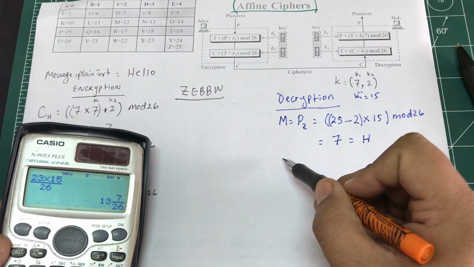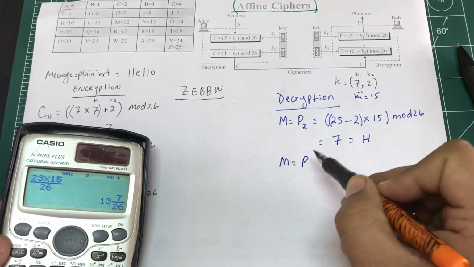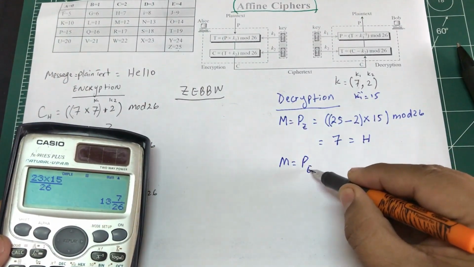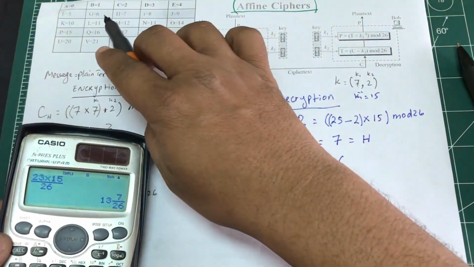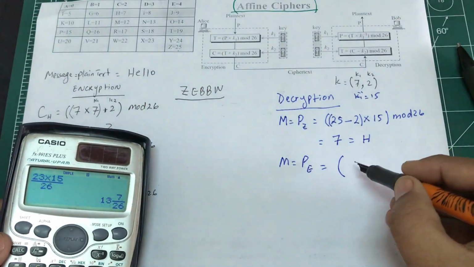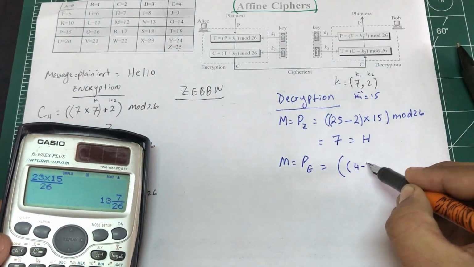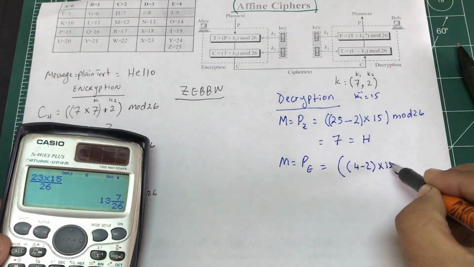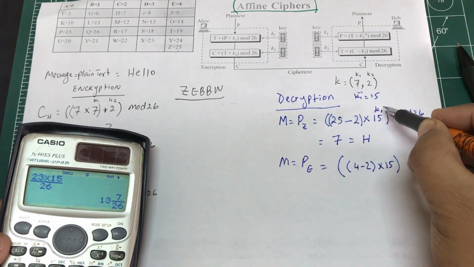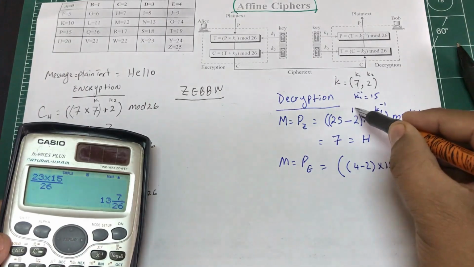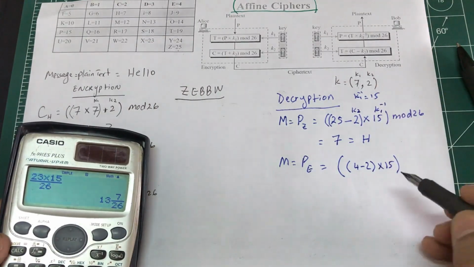Let's quickly do another one. Let's do message P. Let's try to decrypt this. So what is the value of E? E turns out to be 4. So 4 minus 2 multiplied by 15, which is the multiplicative inverse. This is key 1 inverse, and this is key 2, which is this.